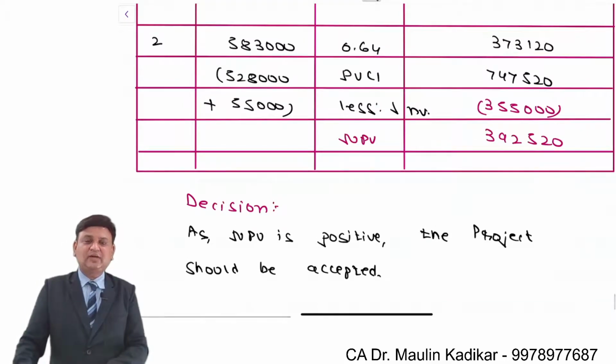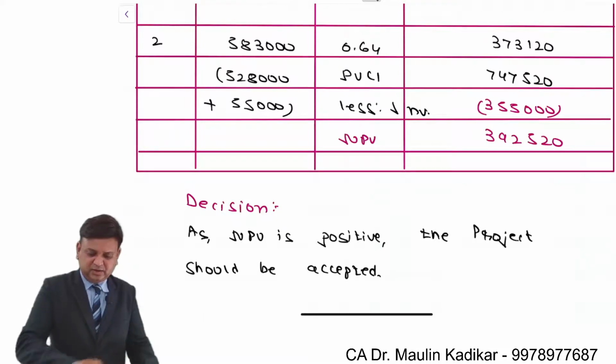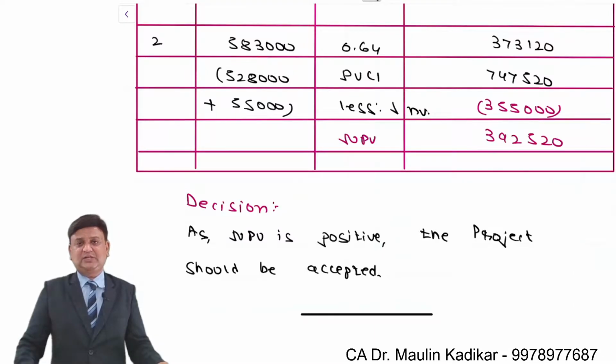Now friends, all of you can very well understand calculation of the PI is also very simple. 7,47,520 upon 3,55,000, and you can see that the PI can be calculated. NPV upon investment, NPV index can also be found, and you will have the same decision.